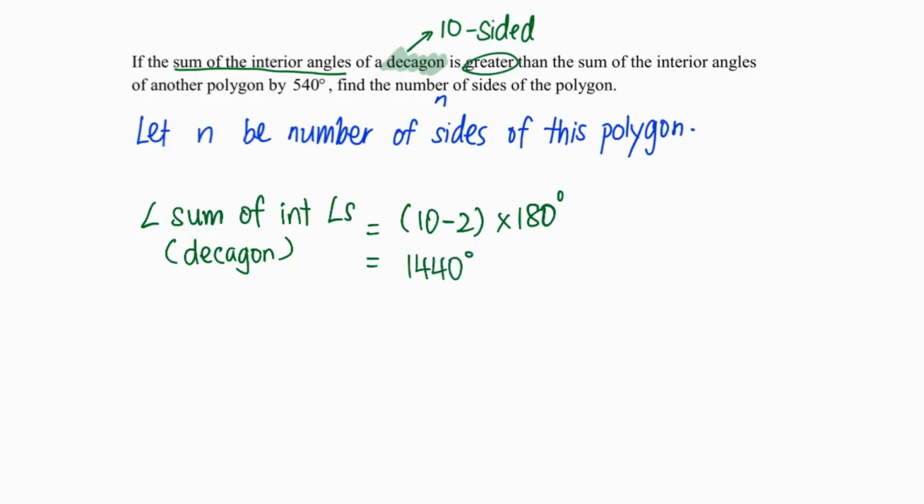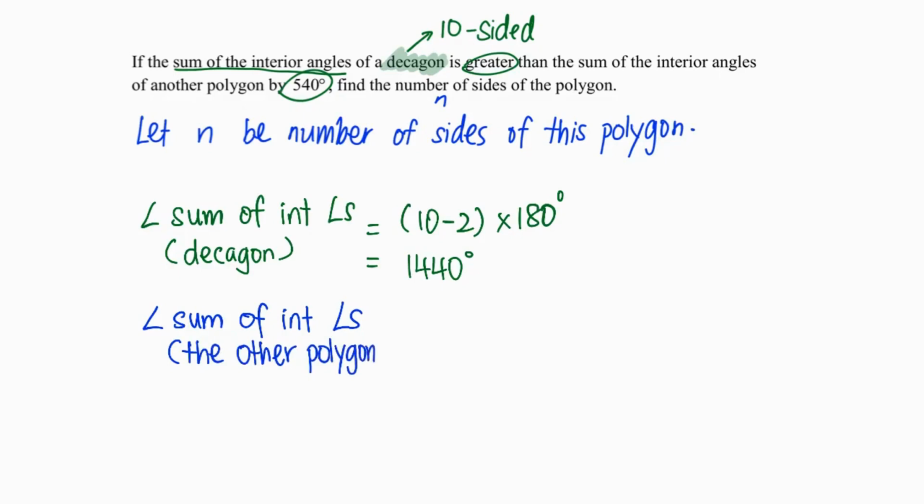And this 1440 is greater by 540, so I will be able to get the angle sum of the interior angles for the other polygon. 1440 degrees minus 540 gives me 900 degrees.